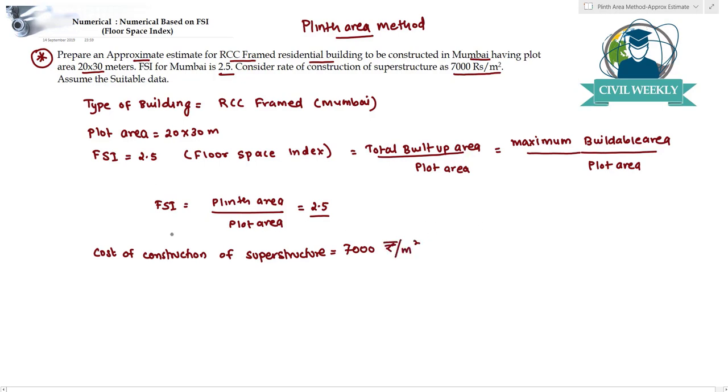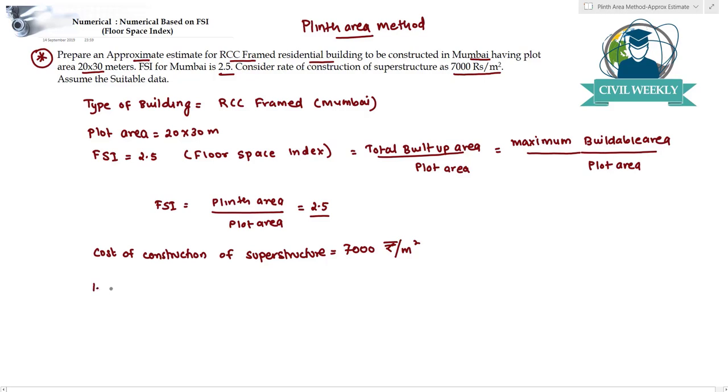Okay, so this much data is given to us, and from this we will have to find out the plinth area, because we are solving this numerical using the plinth area method. So the plot area is given to us, that is 20 meter by 30 meter. FSI is given to us, that is 2.5. So from this we can calculate the plinth area.